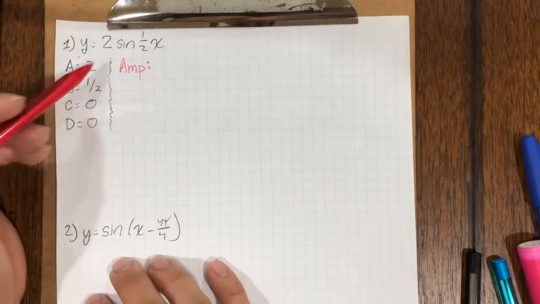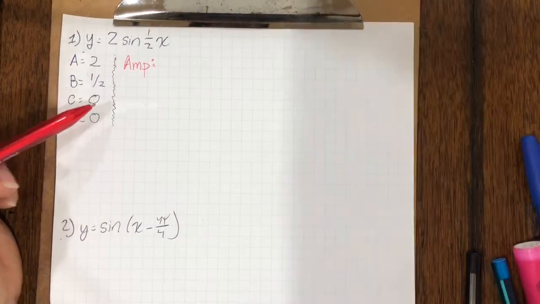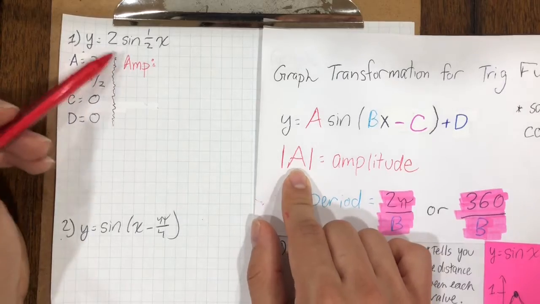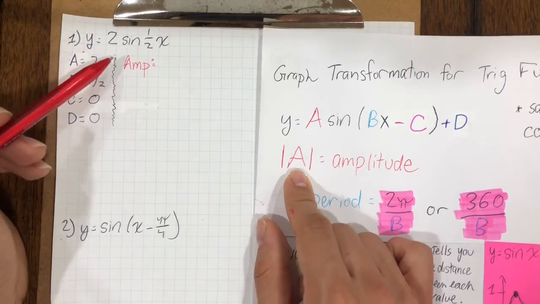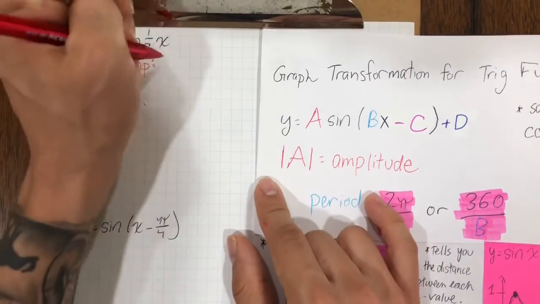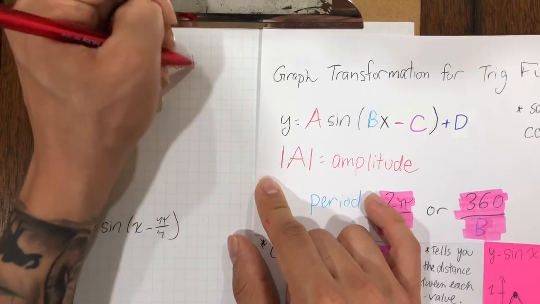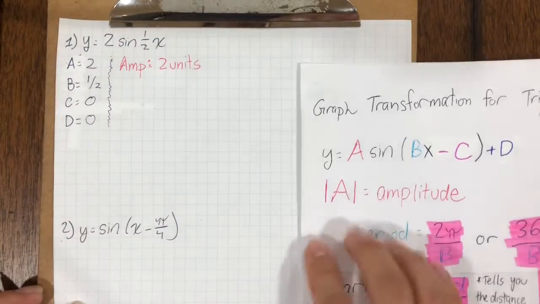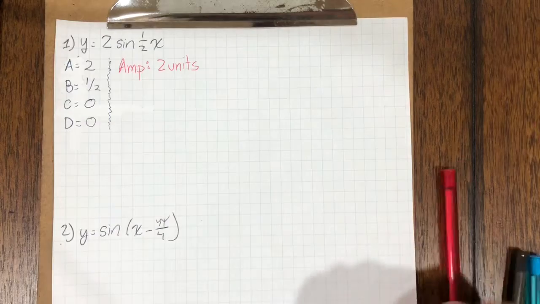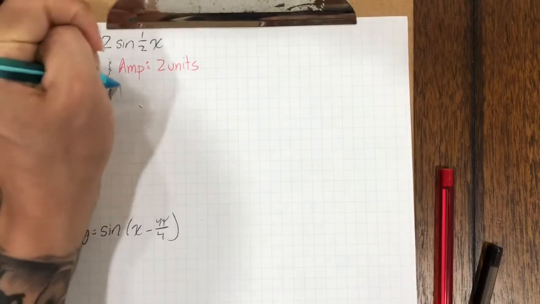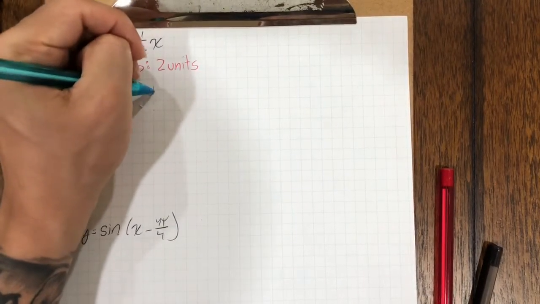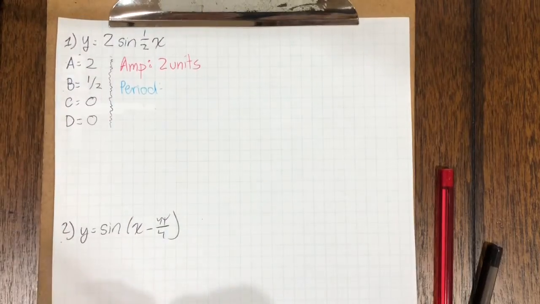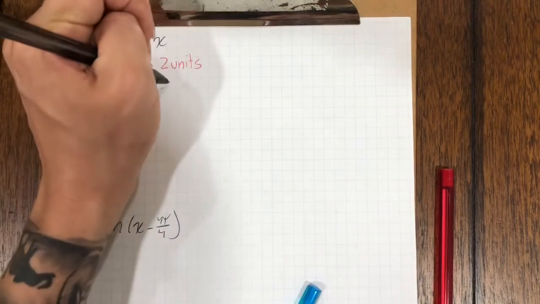The amplitude, we usually take the absolute value of A, and taking the absolute value of 2 is still 2. So my amplitude is 2 units. And then we have the period. With the period, I'm going to take 2 pi and divide it by a half.